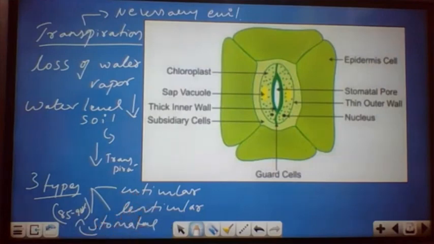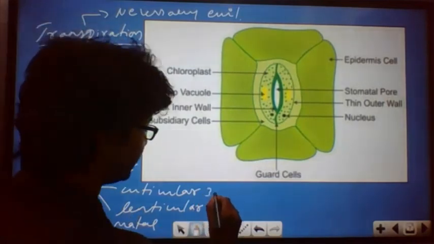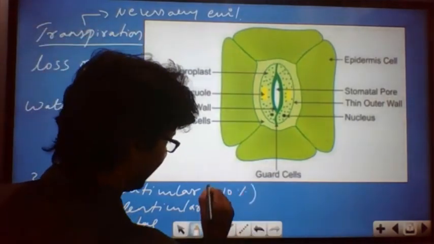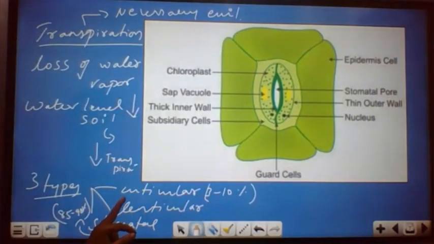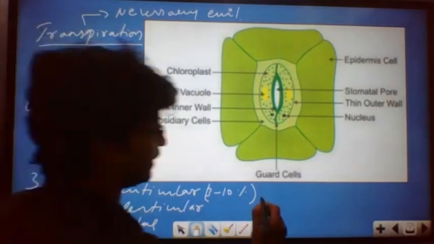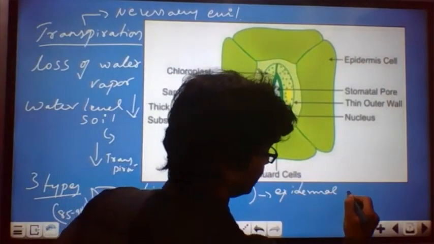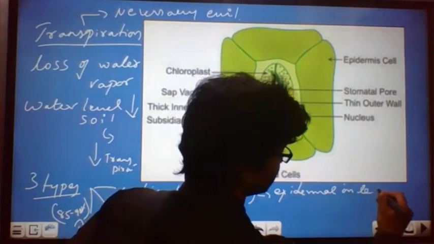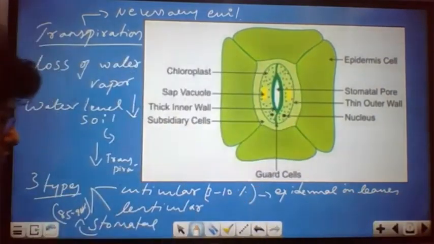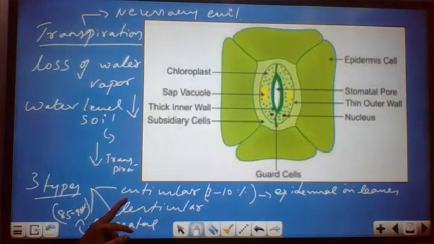Cuticular transpiration is very small, about 3 to 10 percent, because cuticular cells are epidermal cells that you can see on the leaves. The epidermal cells present on the leaves are responsible for cuticular transpiration.